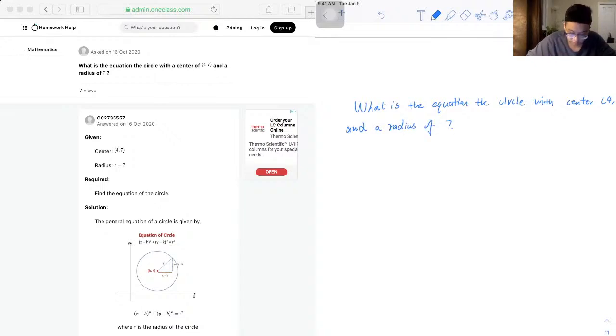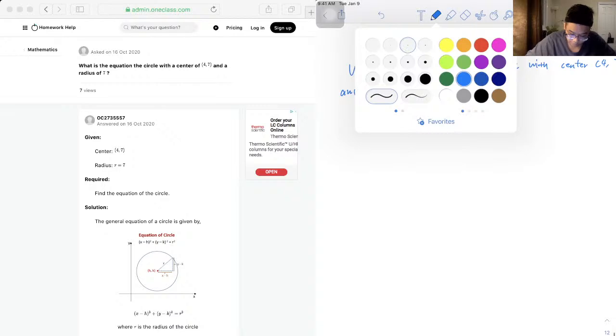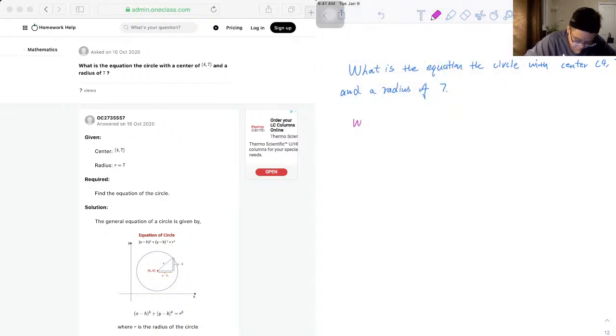Right. So first, let's write down what we have. So what we have is the radius equal to 7 and the center is at 4, 7. Right.